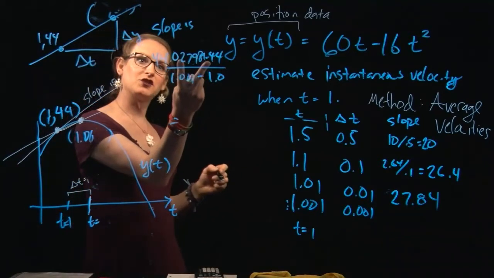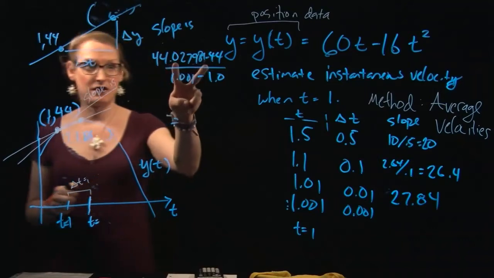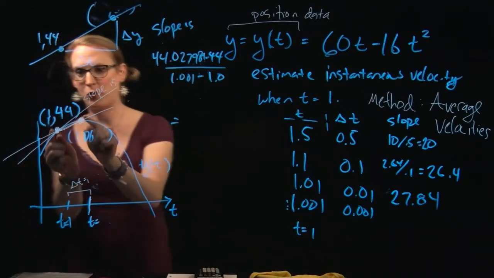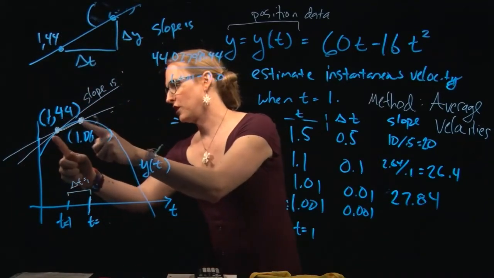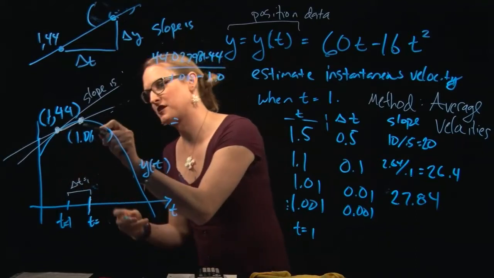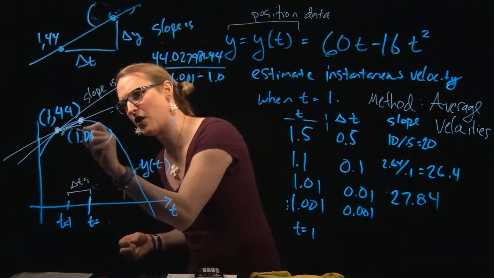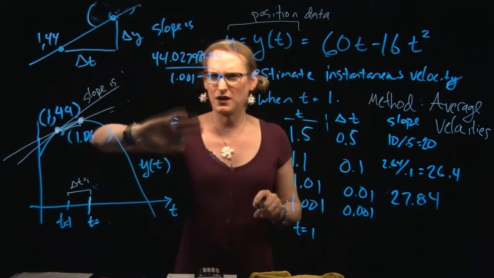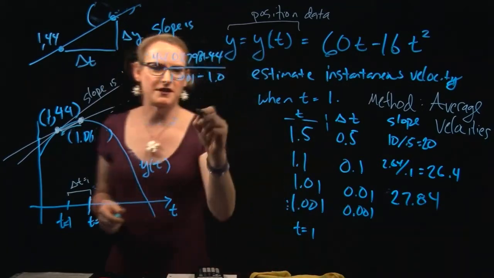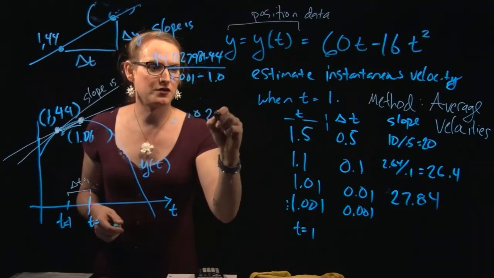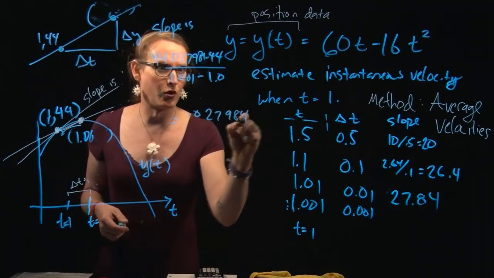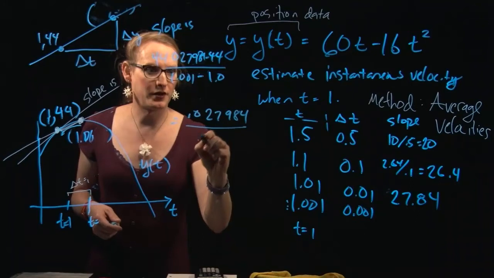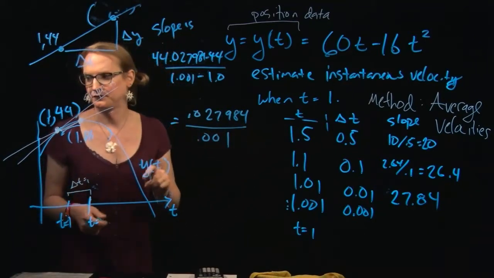So the difference between these two numbers is getting really small, right? Between the two function values, because these two points are getting really close together. We've slid this point over pretty far, and we're really close to the other one. So that's 0.02794 divided by 0.001.